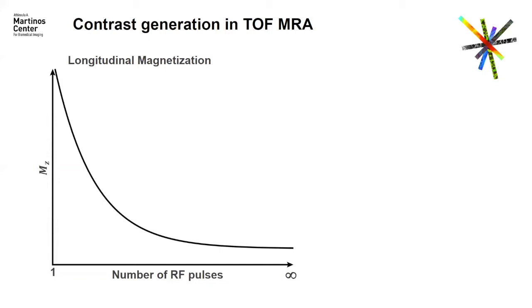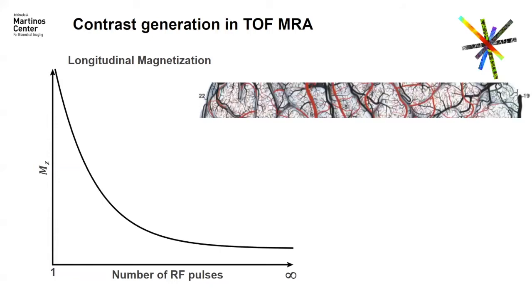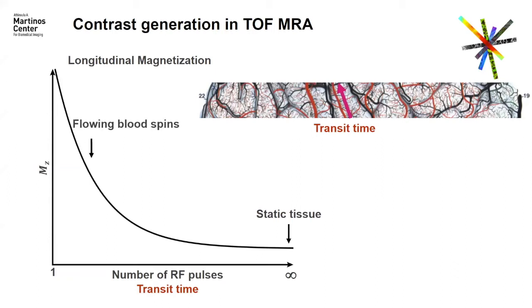The more RF pulses a group of spins sees, the less magnetization is available for the next excitation. When we think about how time-of-flight MRI is performed, you choose a thin slab of the brain, and the blood is flowing through that slab. The transit time dictates how many RF pulses will be seen. The static tissue, which doesn't move at all, will see basically all of the RF pulses, so it will have a very low longitudinal magnetization, whereas the spins of the flowing blood will only see a few, depending on how fast it transits.